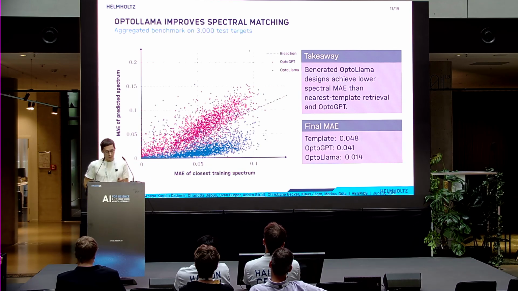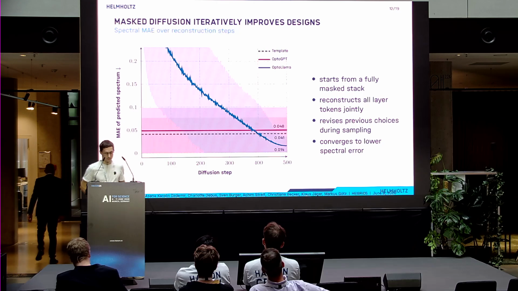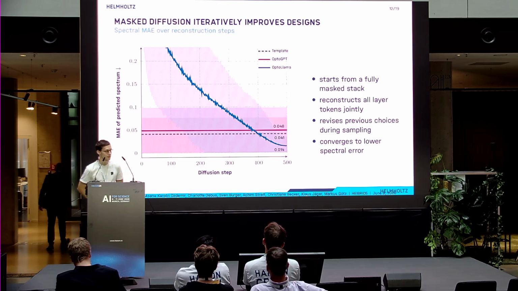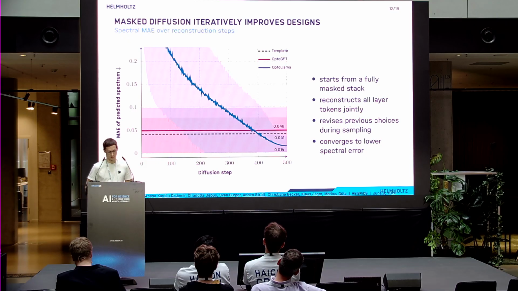When we now open these aggregated results towards the diffusion steps, in each diffusion step you calculate this metric, and then you can get this plot. In the first, let's say, 400 diffusion steps, the performance of the model is relatively bad.